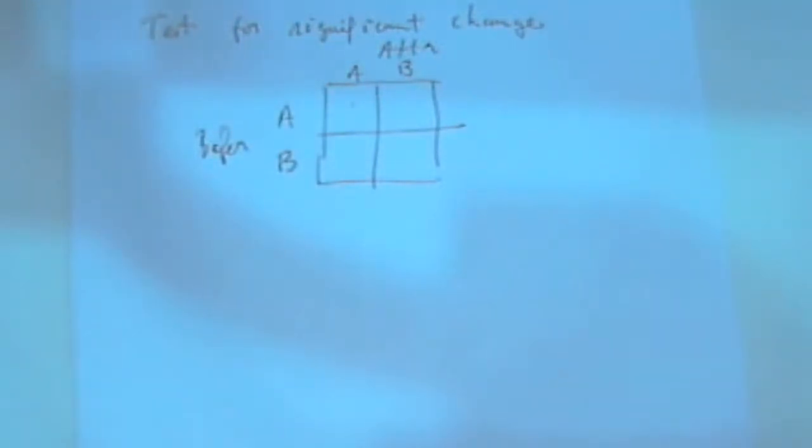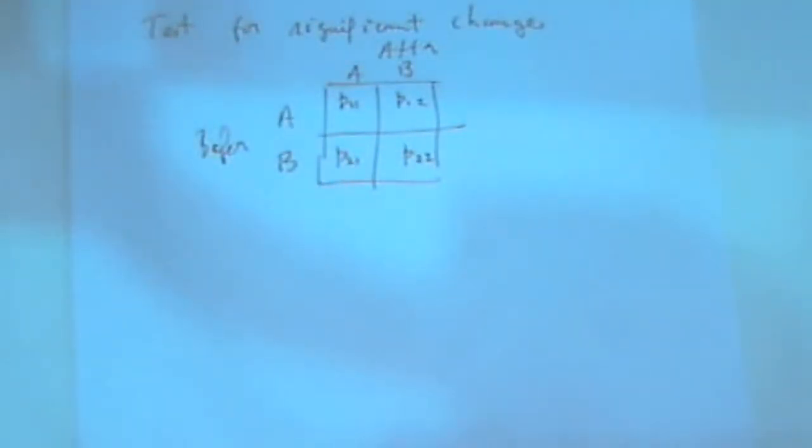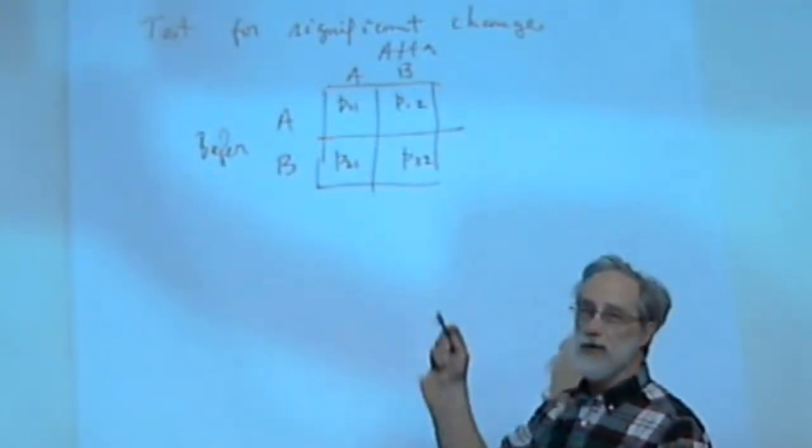So you're only interested in the off diagonal. So this is p11, p12, p21, p22. Those are our four categories, and I'm interested in just this diagonal difference.